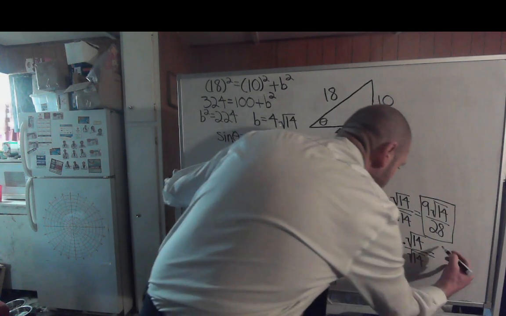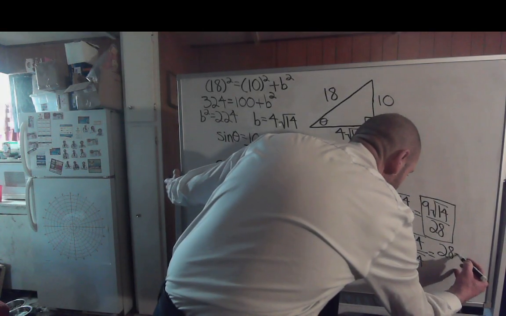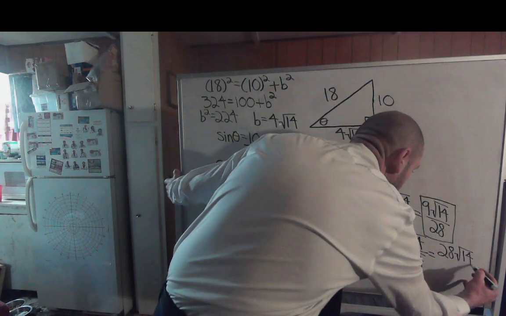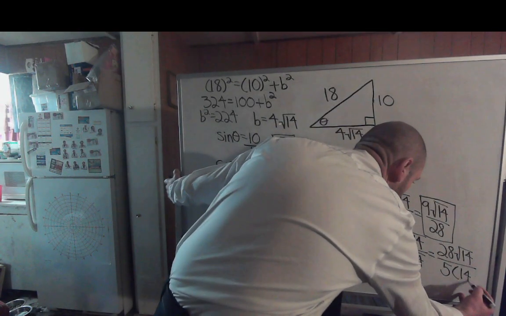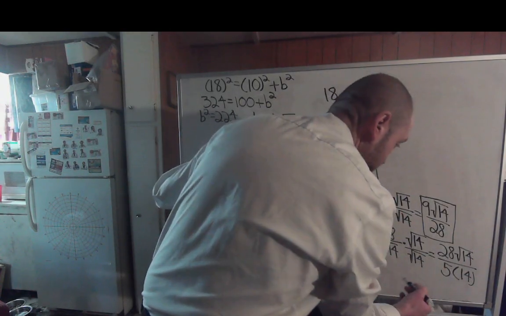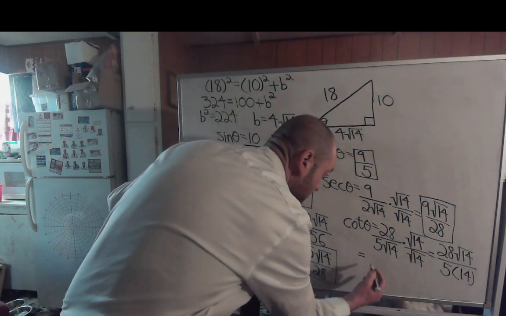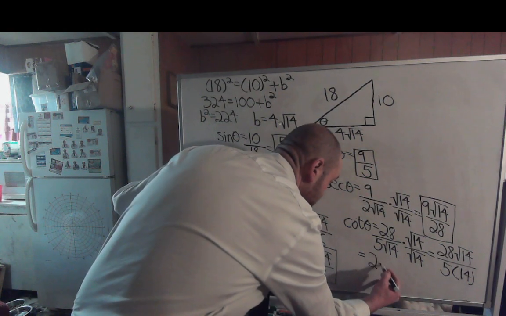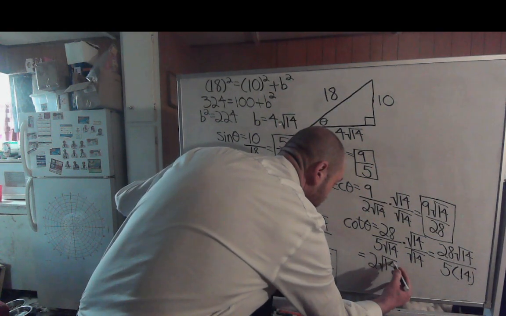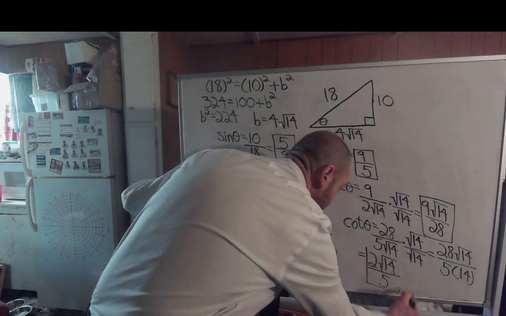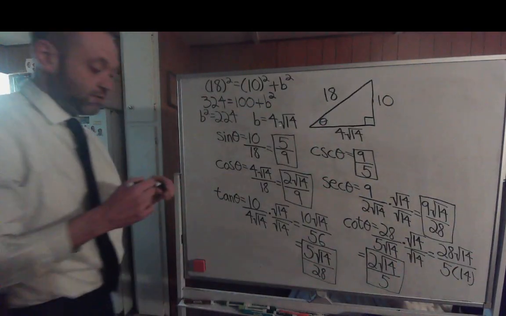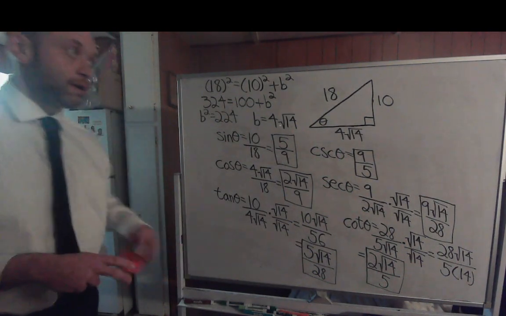So that's going to equal 28 times the square root of 14 all over 5 times 14. Well, what do we know? 28 and 14 factor into each other. This would turn into 2 times the square root of 14 all over 5. That would be the value of your cotangent of theta, 2 times the square root of 14 over 5.